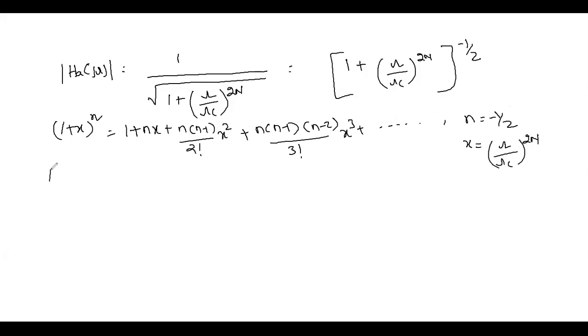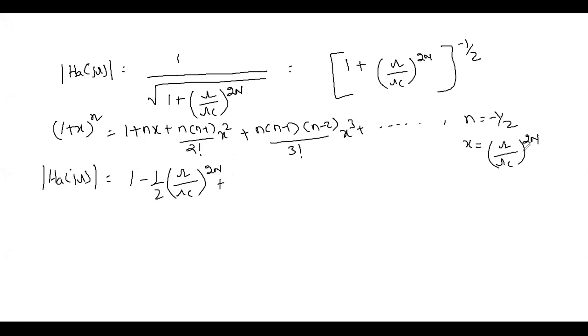Then I can write the magnitude of h of j omega equals, just use this formula, 1 minus 1 by 2 omega by omega c to power 2n plus some coefficient we will get from x cube.